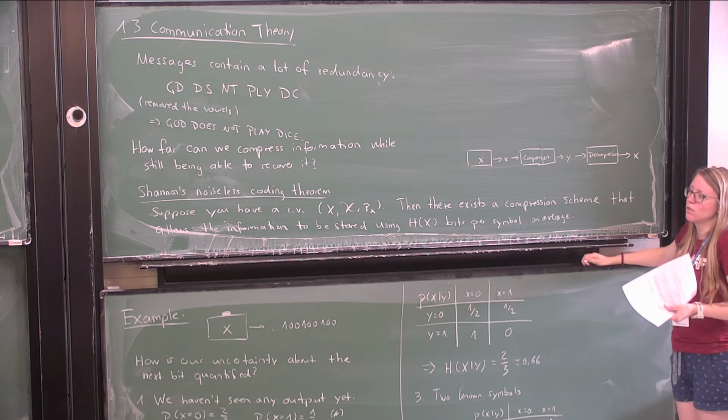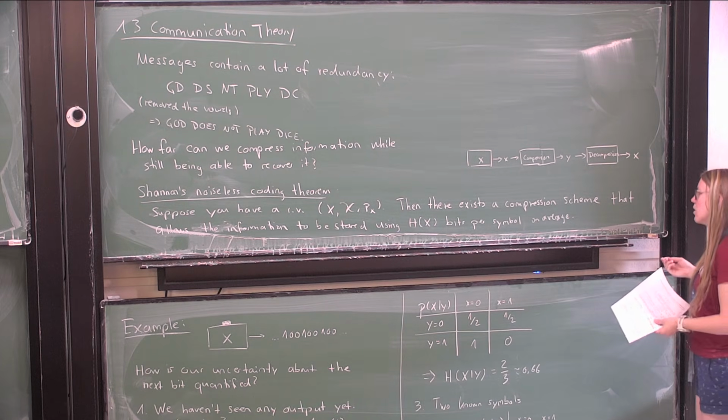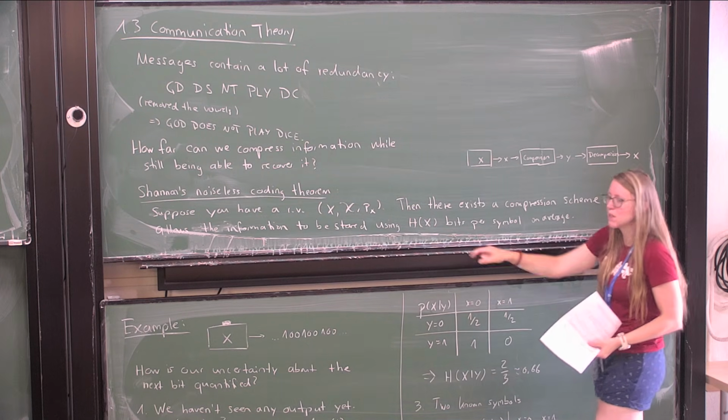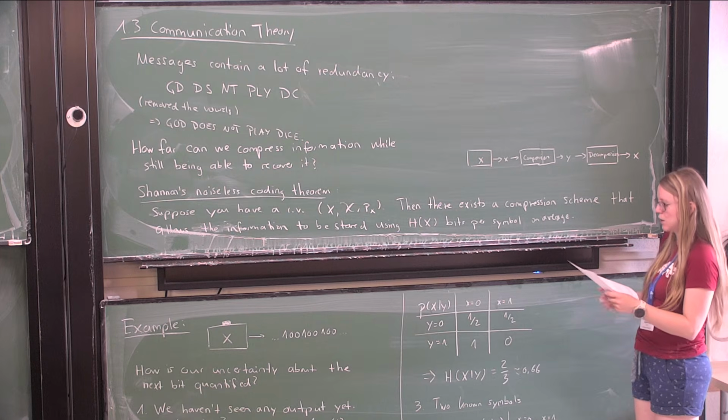It doesn't tell you how to do it, it just tells you there exists one that allows you to compress it to an amount of bits per symbol that's given by the entropy.